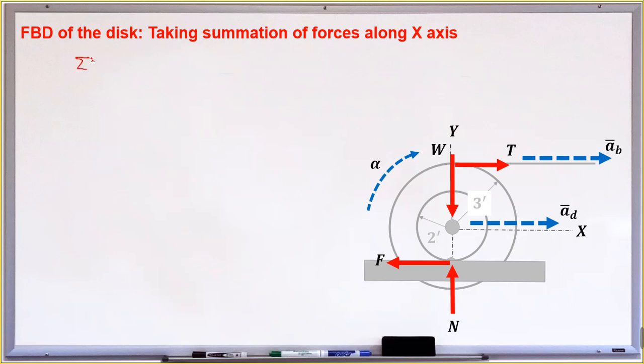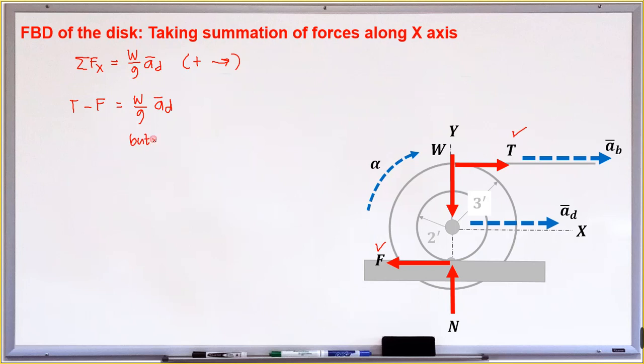Summation of forces along x is equal to the resultant force, that is weight over g times the linear acceleration of our disk, a bar D. We take positive if going to the right. The forces acting horizontally are only the frictional force and the tension. Tension is positive because it acts to the right. So tension minus frictional force is equal to weight over g times a bar D.